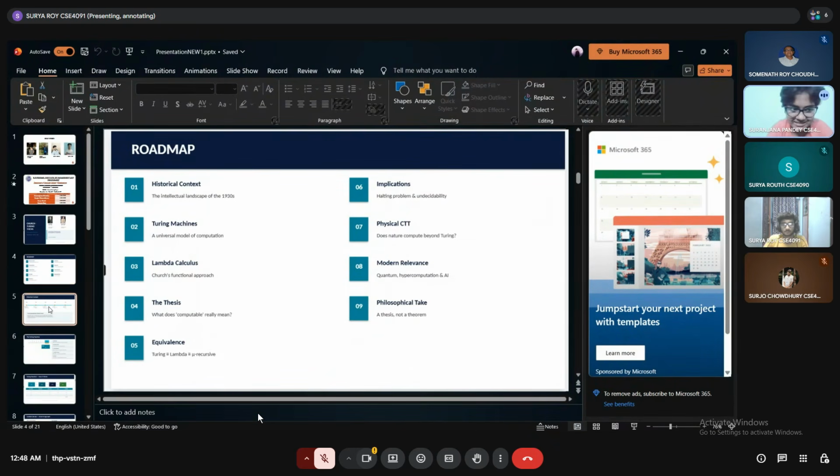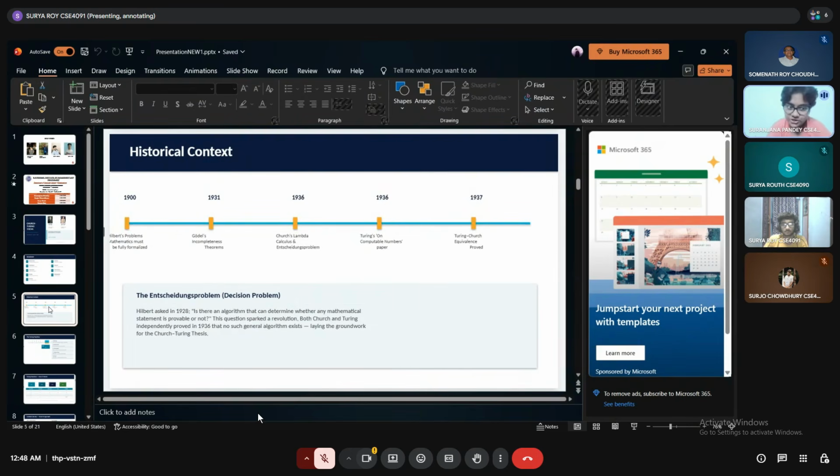The next slide, please. Okay, so the historical context: in the 1900s, Hilbert's problem was posed. It's a mathematical problem that was fully formalized. In 1931, the incompleteness theorem was formulated, after which in 1936, both Turing and Church separately made their own papers.